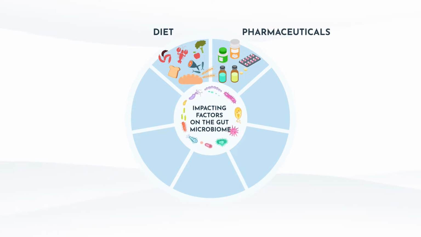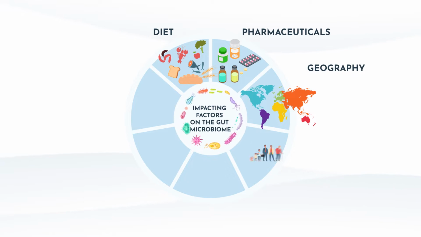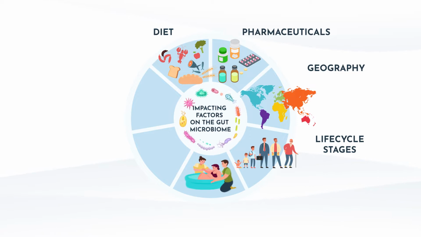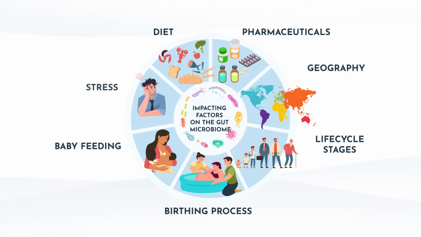But also pharmaceuticals that we may be taking, where we live on the planet, the geography, where we are in our life cycle, are we a baby or a toddler, or are we elderly, how you were given birth to, how you were fed as an infant, was it formula or breast milk, and the everyday aspects of life and stressors. Do you get exercise, and psychological state? All of these things we know impact the gut microbiome.